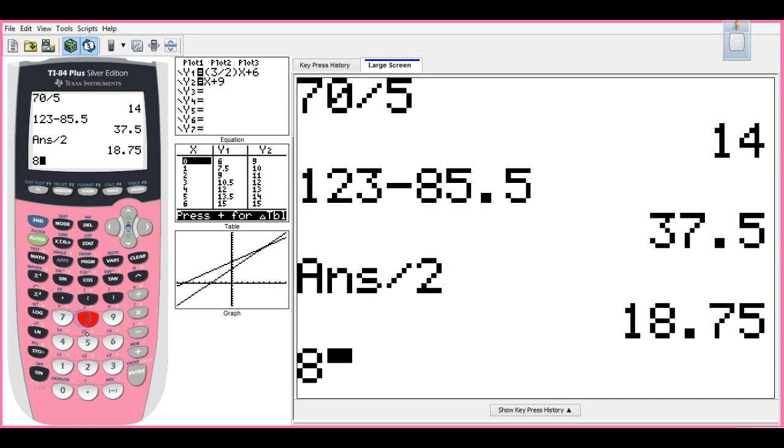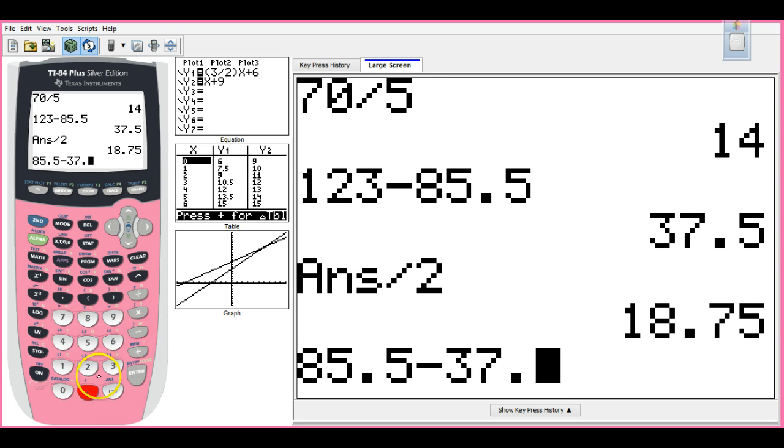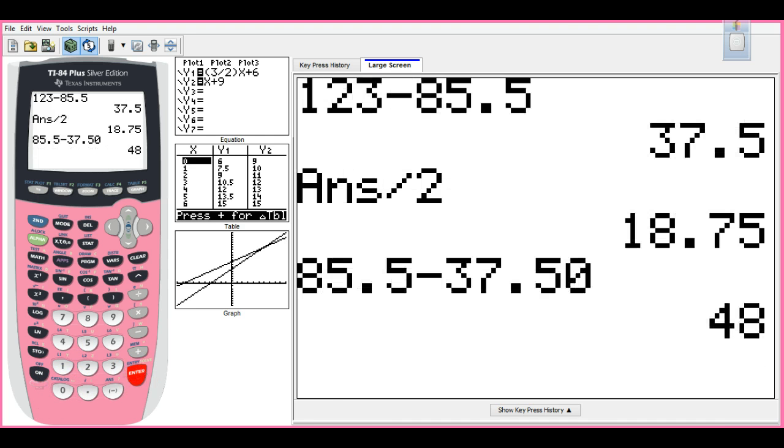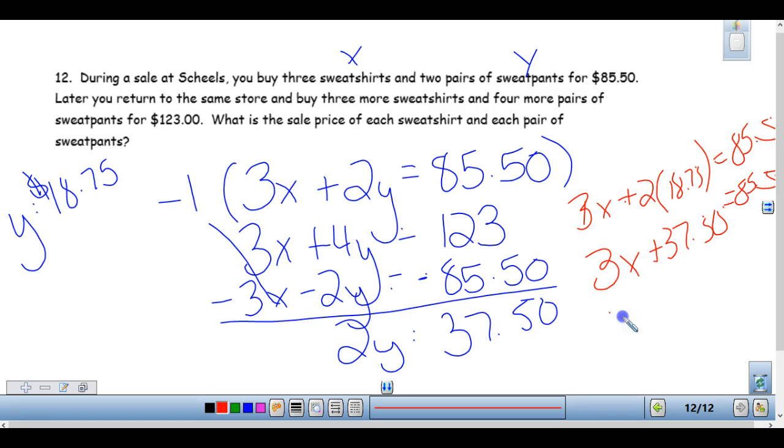So now we've got 85.50 minus 37.50, $48. So 3x equals 48. Divide by our 3, and x is going to equal $16. So my sweatshirts were $16. My sweatpants were $18.75.